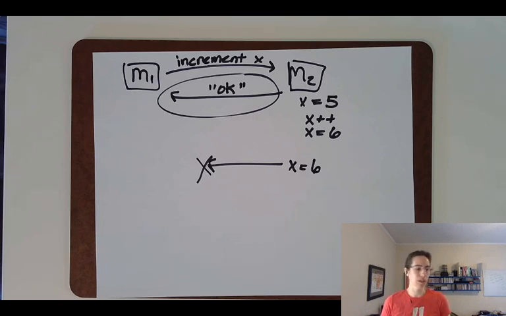But that doesn't mean that M1 can assume that the increment didn't happen, because it's also always possible that the failure happened on the way back from M2. As we'll see when we talk more in the course, this fundamental uncertainty is inevitable in distributed systems, and there's kind of one way around it.